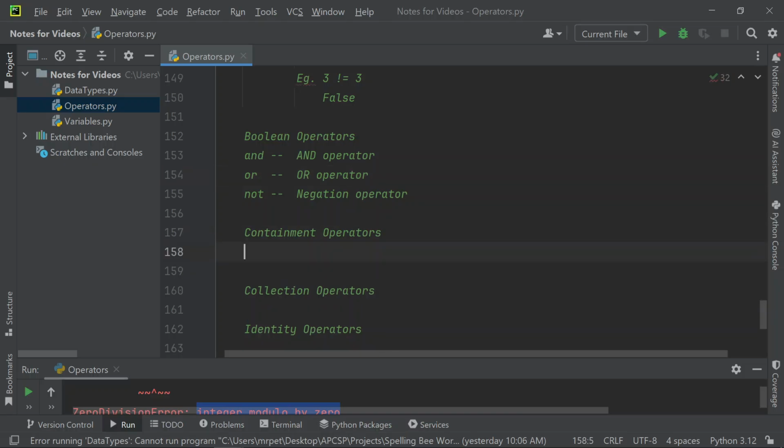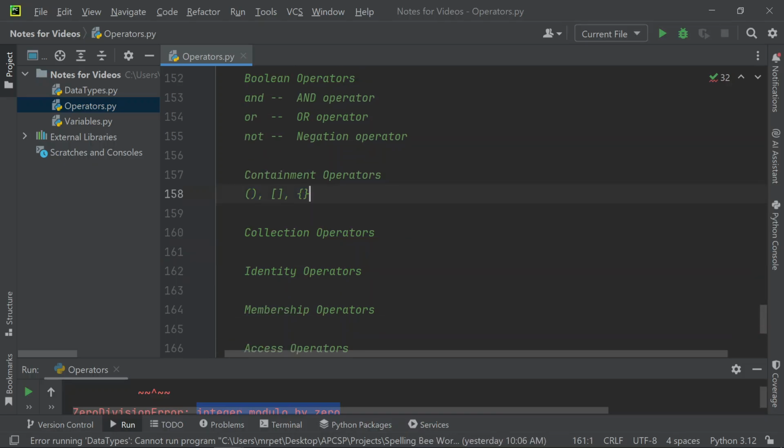The containment operators, we've already talked about these, I believe, in terms of precedence. These are also going to be used for a few things. And they're going to be these same sets of punctuation are also used as the collection operators.